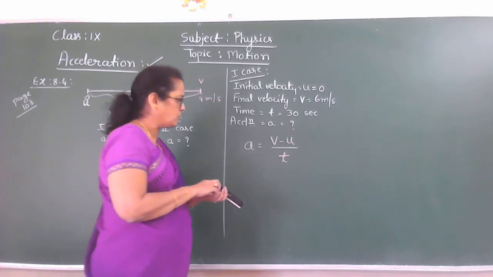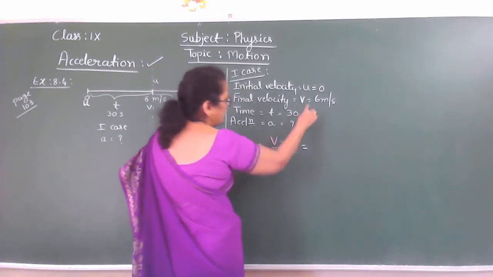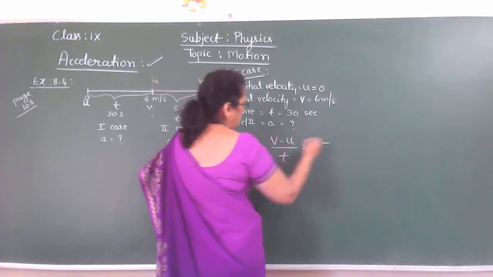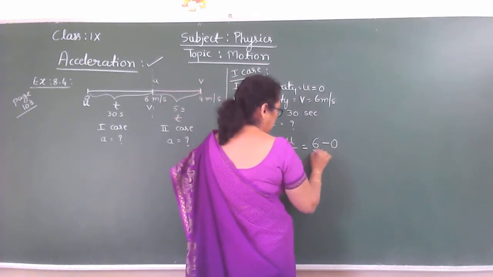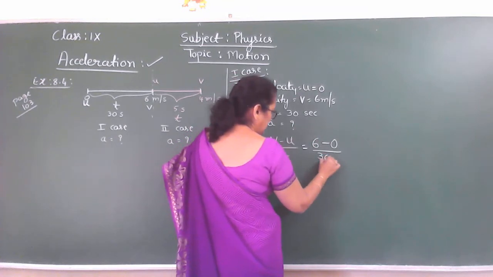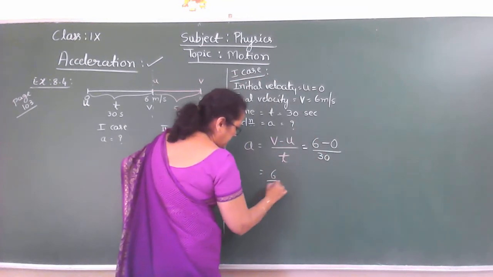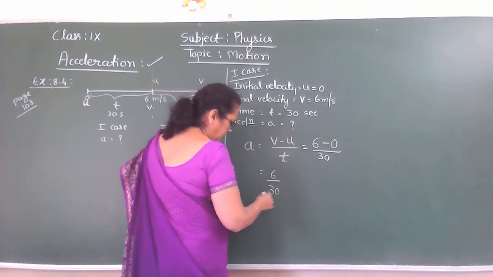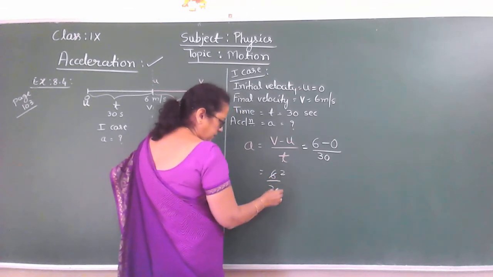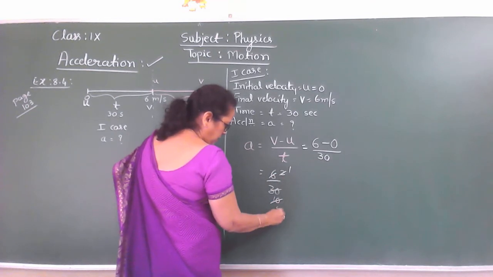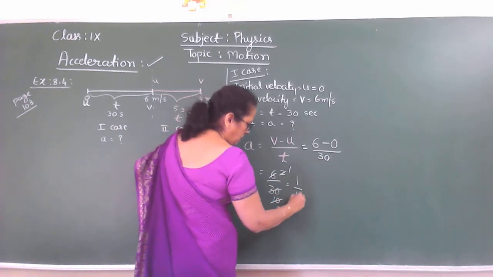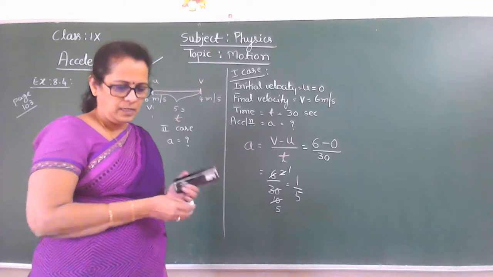Now you substitute the values. v is 6, u is 0, and time taken is 30. So that is 6 by 30. You can cancel: 3 twos are 6, 3 tens are 30. Again, 2 ones are 2, 2 fives are 10. We got 1 by 5.